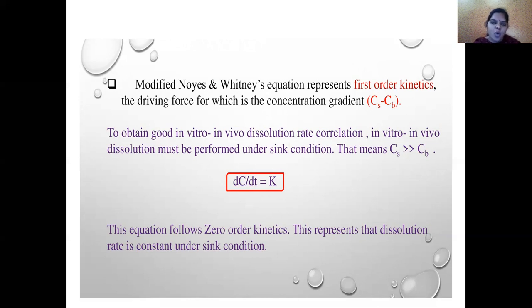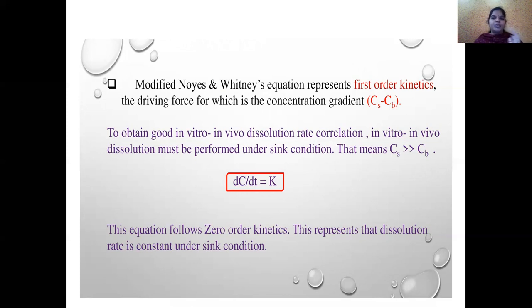Sink condition means what? Suppose in case of dissolution of a tablet, you are going to use 900 ml of fluid or aqueous medium for dissolving the drug. At each interval, you need to withdraw 5 ml of your dissolved drug sample. At the same time, you need to add the same quantity, that is 5 ml, of fresh buffer or fresh aqueous medium to the beaker from which you took the sample.